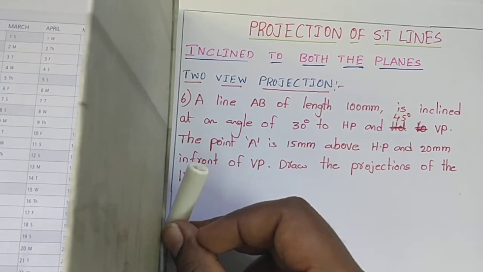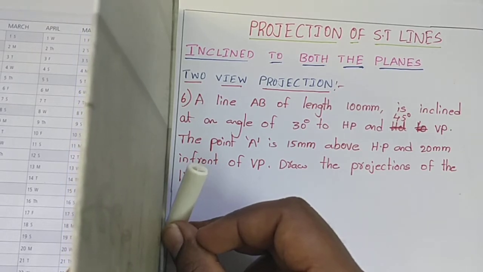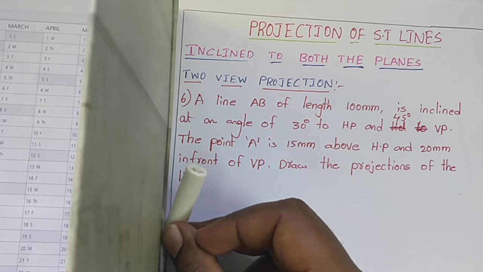Next, they gave one condition that the point A is 15 mm above HP and 20 mm in front of VP.